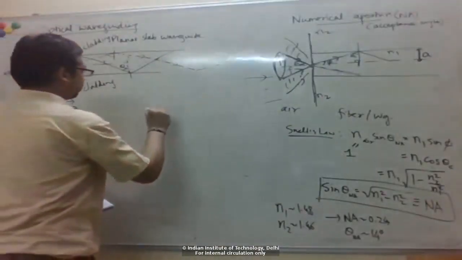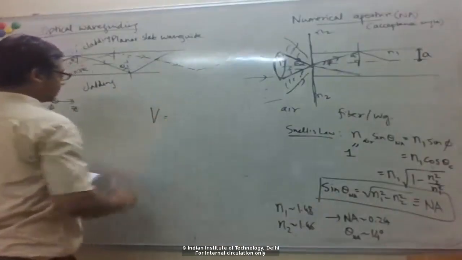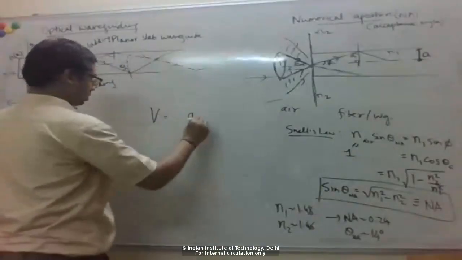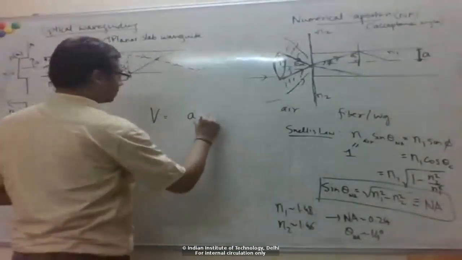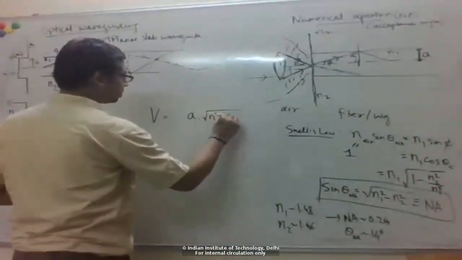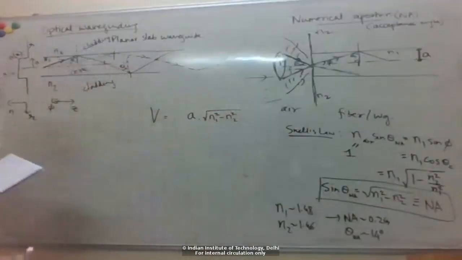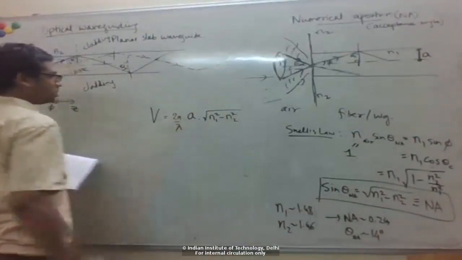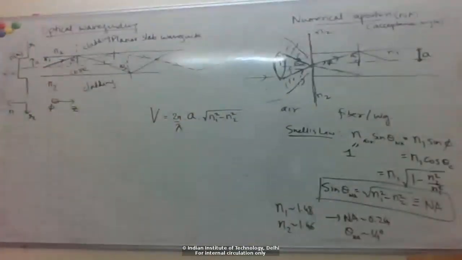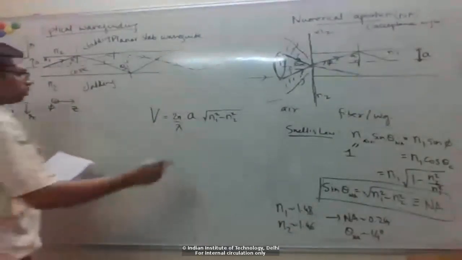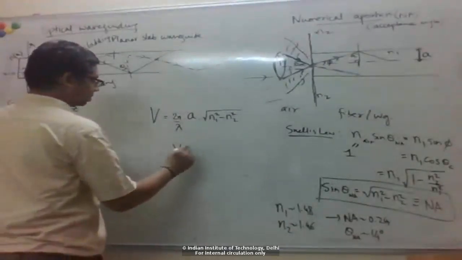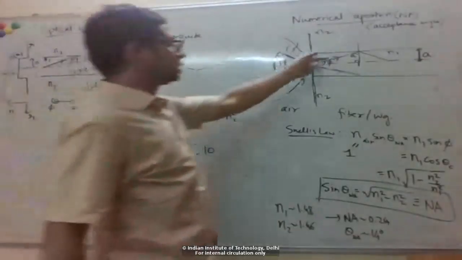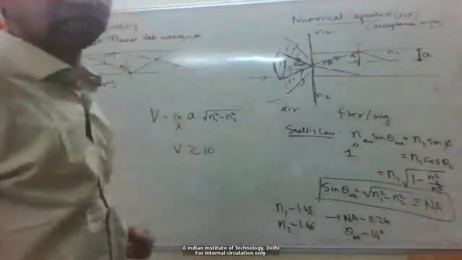So there is something called a V number, which is defined. It depends on the size of the core, the numerical aperture, square root of N1 square minus N2 square, and the wavelength. If this V number is large, typically more than 10 or so, then this ray picture is valid.